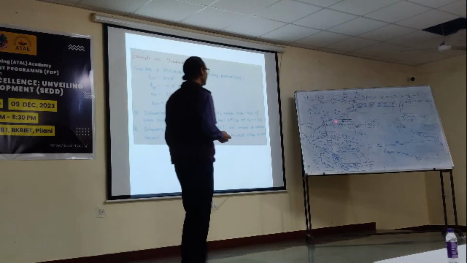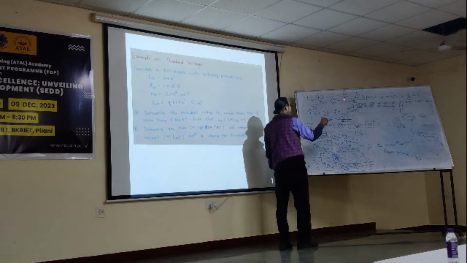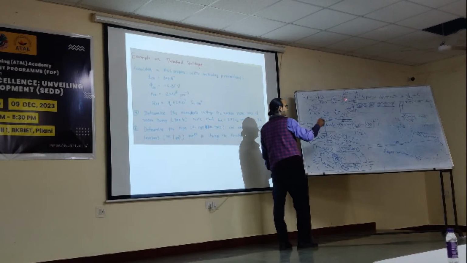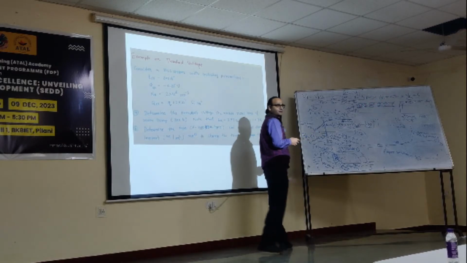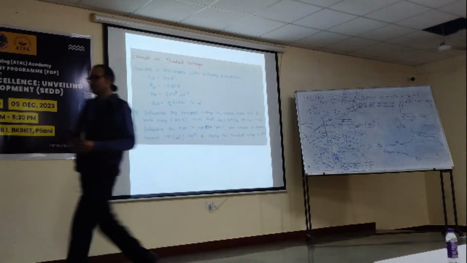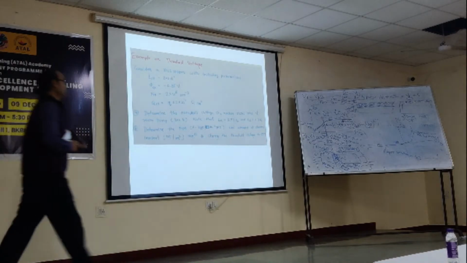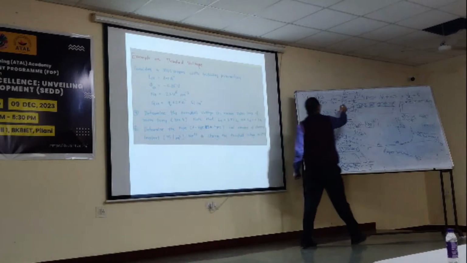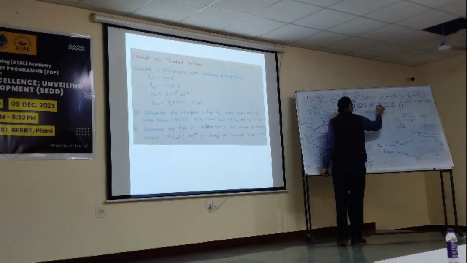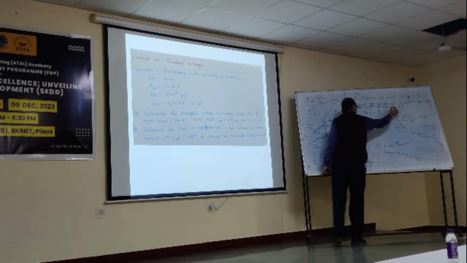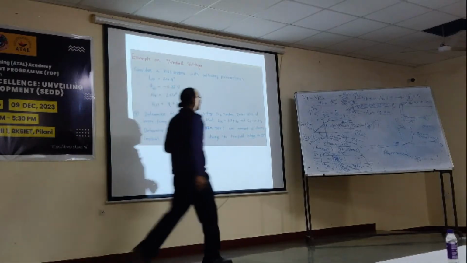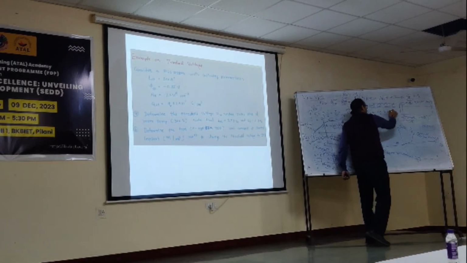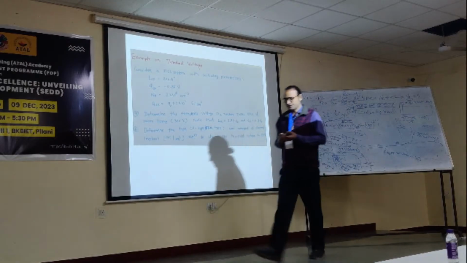This Qd is nothing but the dopant ions. It will depend upon the concentration of the dopant. Qd is Q times the doping concentration, and since this is per unit area, we should multiply it with W because Na is per unit volume.